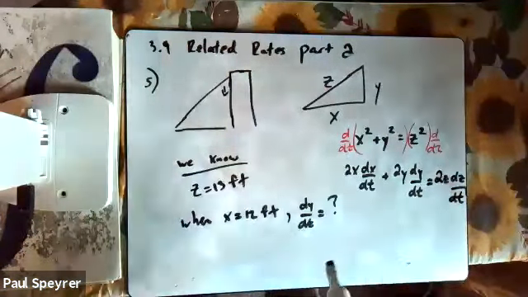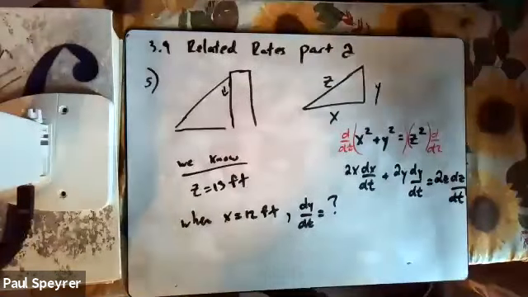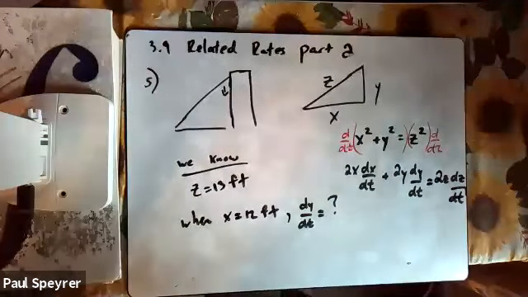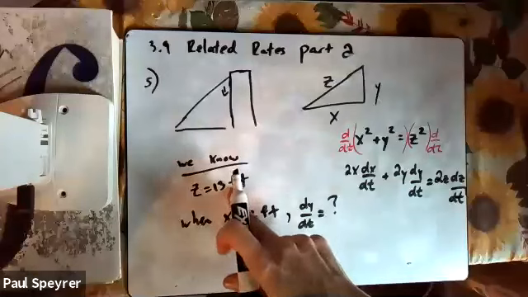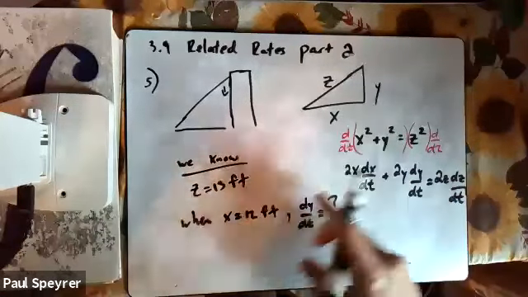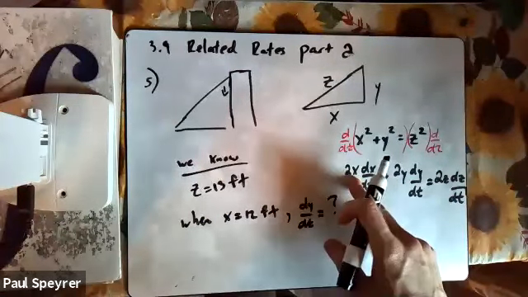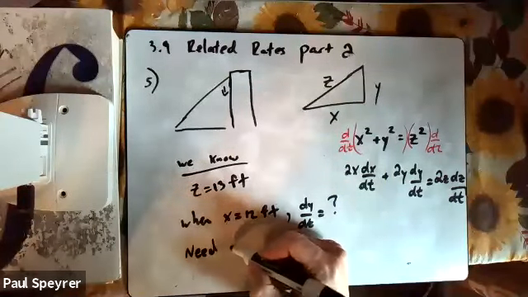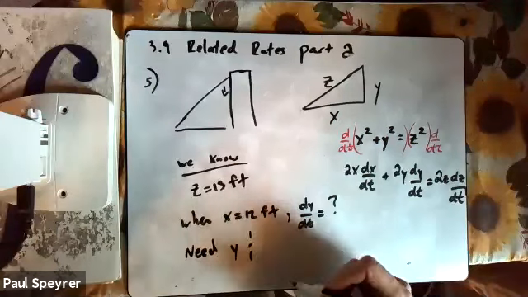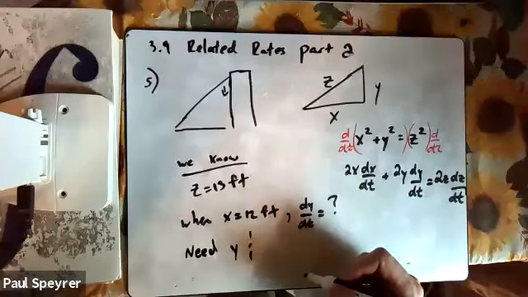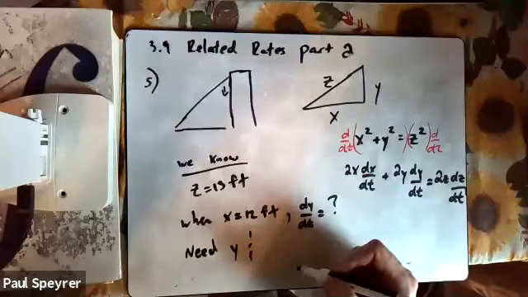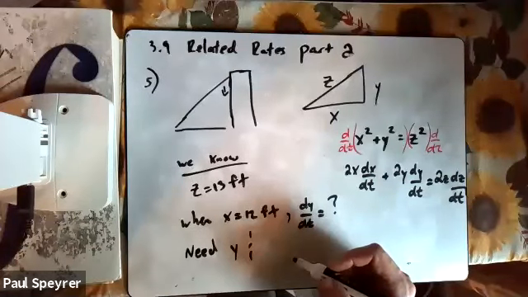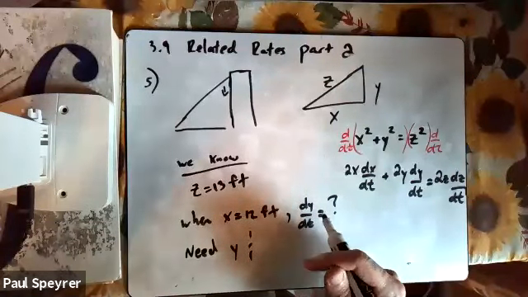And now we need to fill in basically what we know, right? So we know that z is 13, that's not a problem. We know that x is 12, but we need a couple things, right? We need the y, and we also need what else do we need right here?